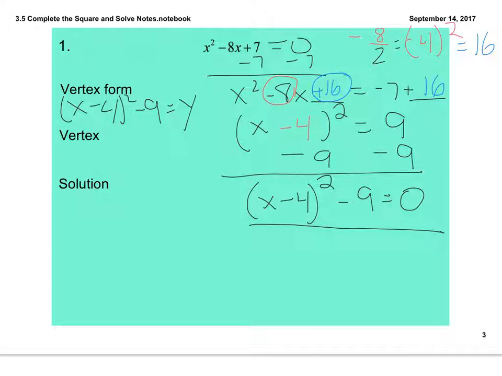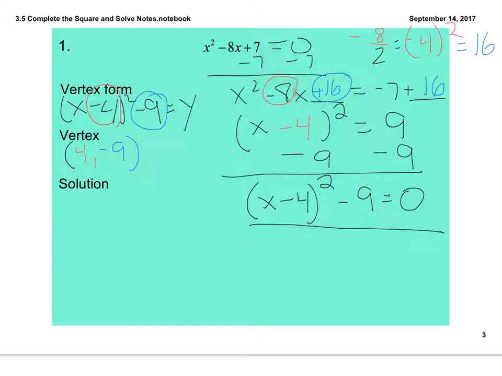We're going to go back to y here for a second to write the vertex form. But in order to solve, we know our quadratic needs to be equal to 0. Our vertex then is the opposite sign of what's in the parentheses, so that would be positive 4. And it's the same sign as what's outside of the parentheses, negative 9.